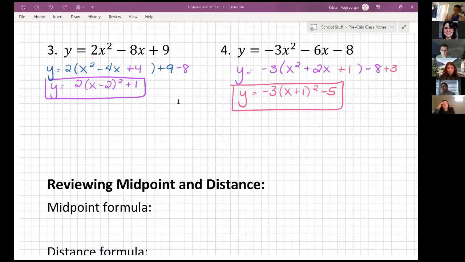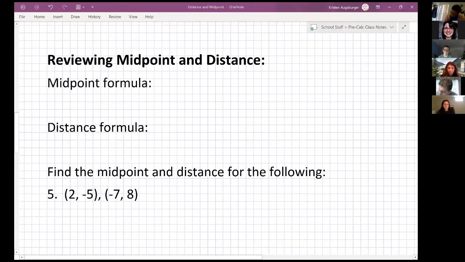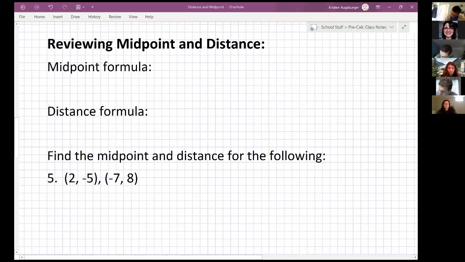All right, so let's move on and let's talk about midpoint and distance. Just a little bit of a flashback to make sure everybody remembers what our formulas are. Very, very simple, nothing crazy here.